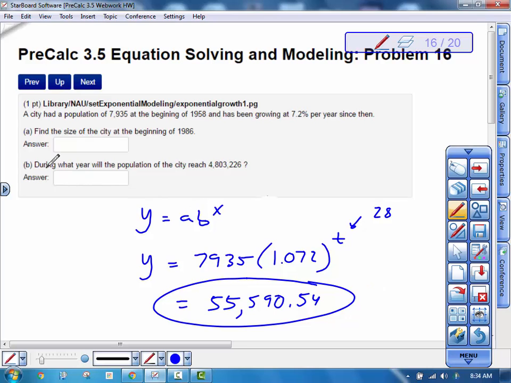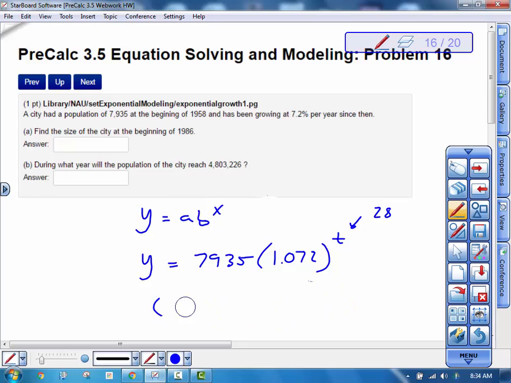Now the next question for part B, when will the population reach 4.8 million? Well, I can use my same equation, only just set it equal to 4.8 million. And just divide both sides by 7,900, then take the natural log of both sides, or change it into log form, either way, and solve for t.